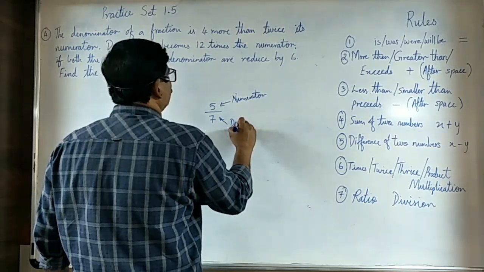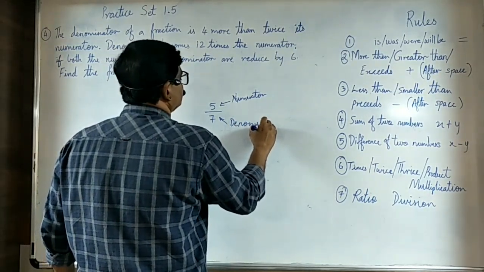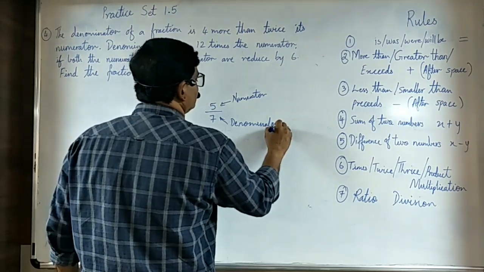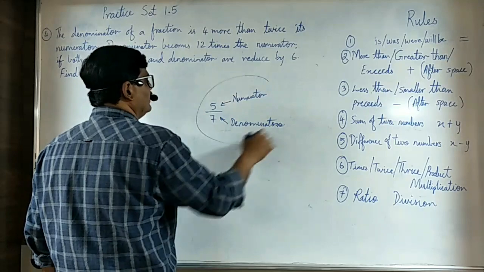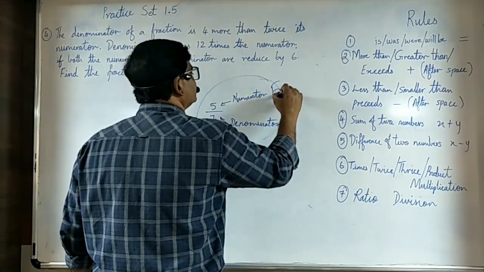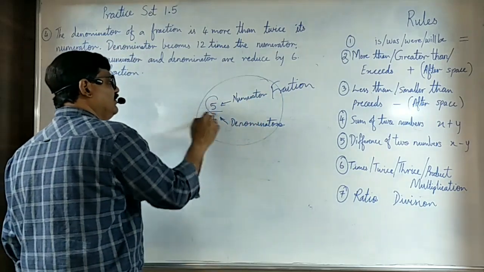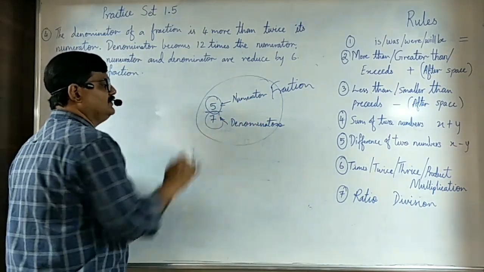Everybody must know about the denominator. And this total is called a fraction. Here you see that the fraction is made of the numerator and the denominator.